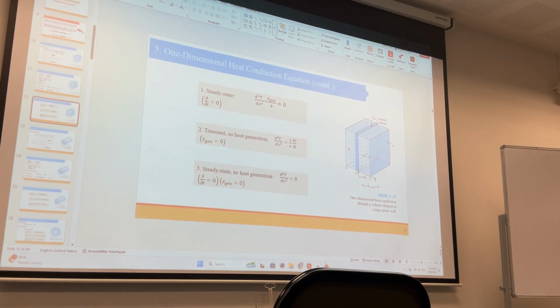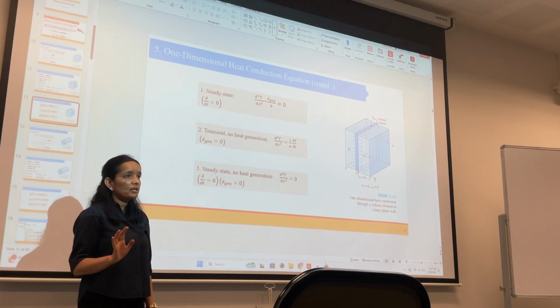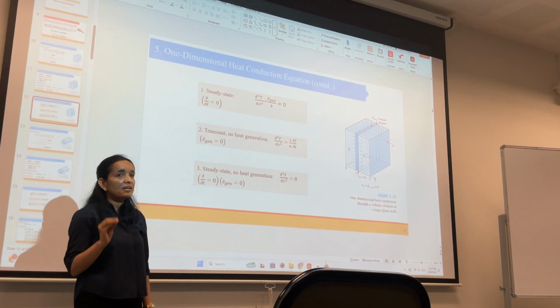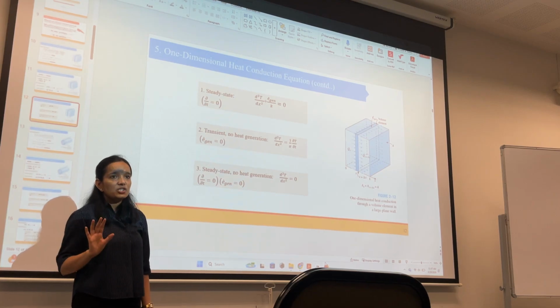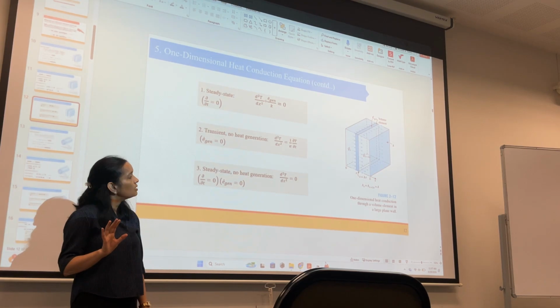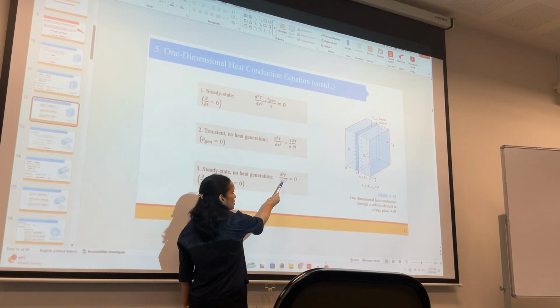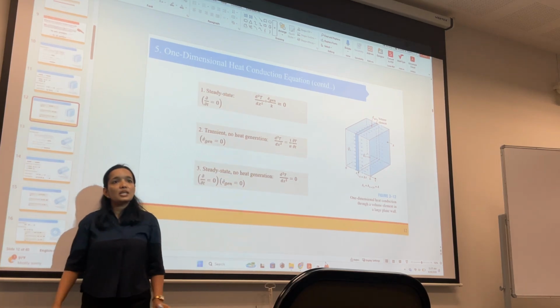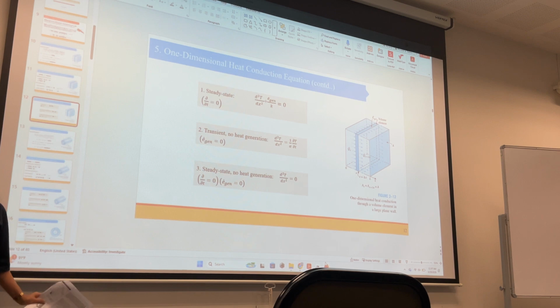That iron is like a plain wall. That iron has constant thermal conductivity. The thermal conductivity is given, it means it's constant. That iron has no heat generation. Right? No heat generation and constant thermal conductivity. This equation is a general equation for any plain wall whose conductivity is constant. And there is no heat generation. But for that case only, we need to find one equation.